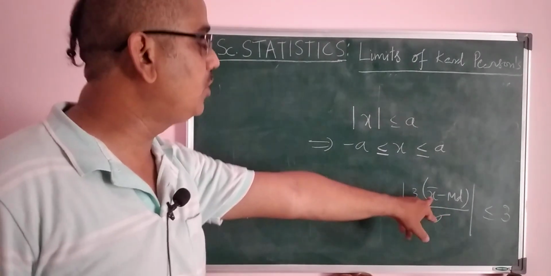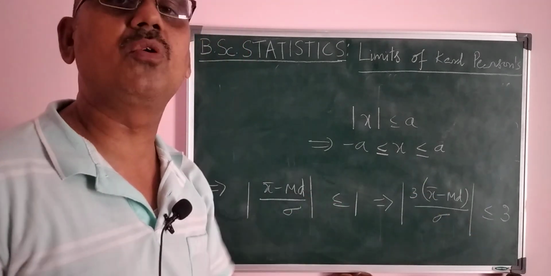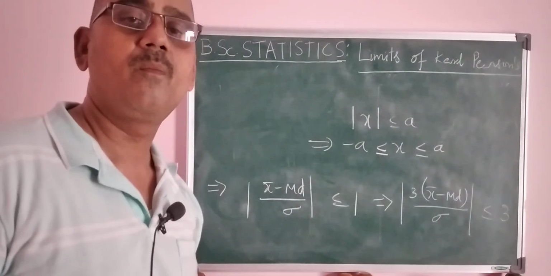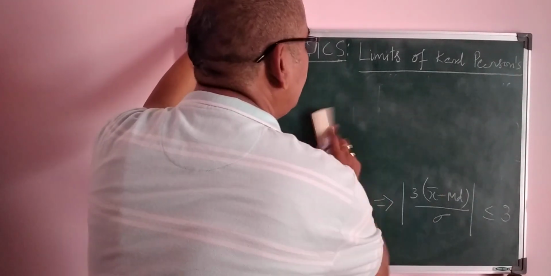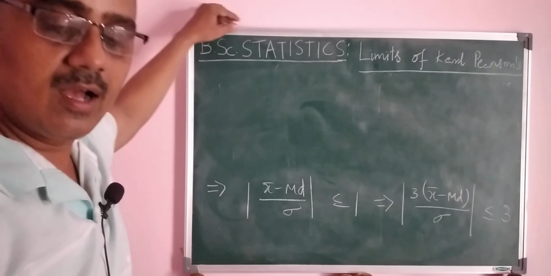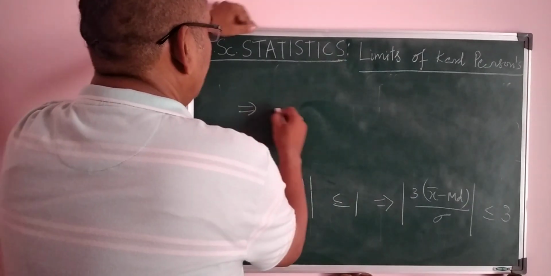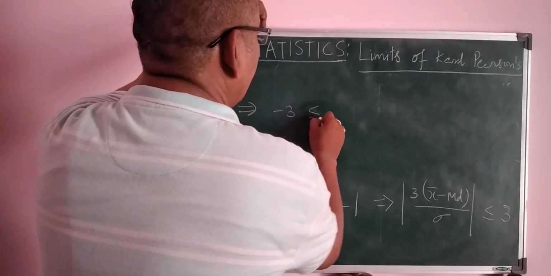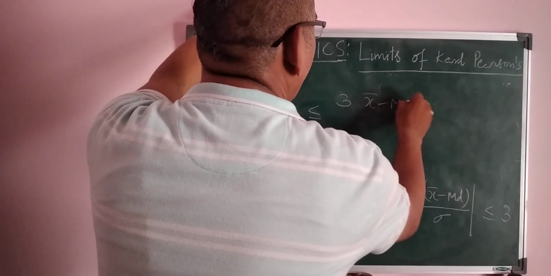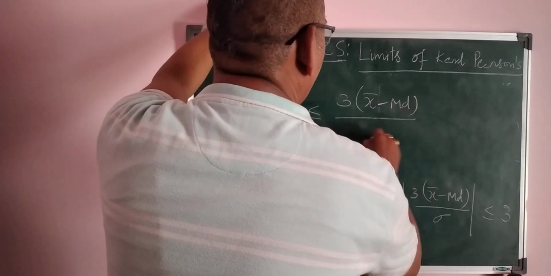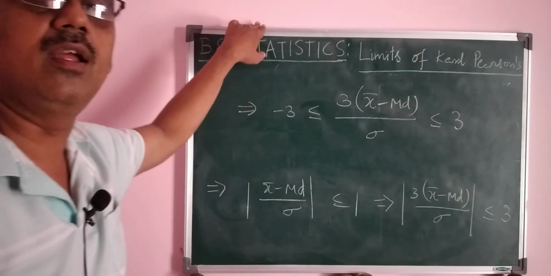Modulus of 3 into x bar minus median divided by sigma is always less than or equal to 3. Therefore, by using this result we can write minus 3 is less than or equal to 3 into x bar minus median divided by sigma, which is less than or equal to 3. It lies between minus 3 and 3.